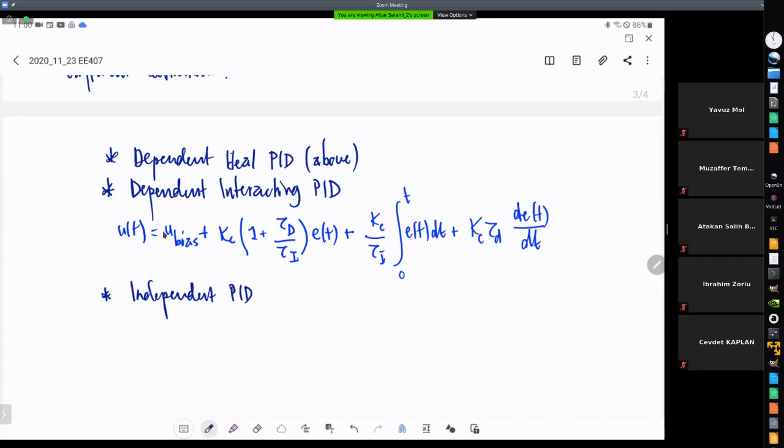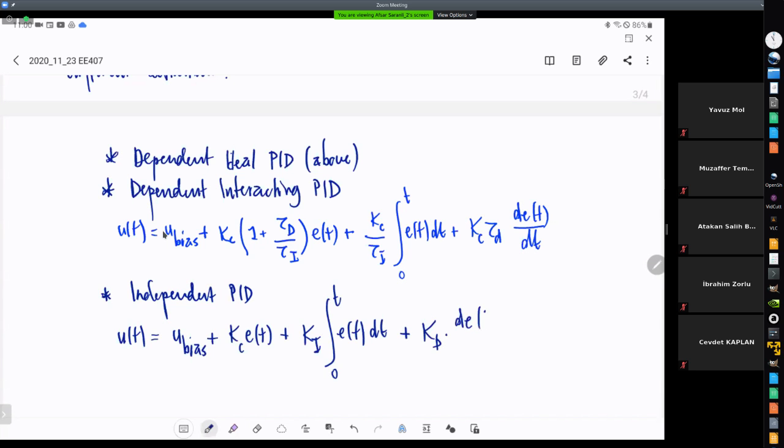And that is simply u of t is given by, again, u bias plus simply Kc times e of t plus Ki times the integral of e of t plus Kd times the derivative of e of t. Okay, maybe this is the most familiar one for you.